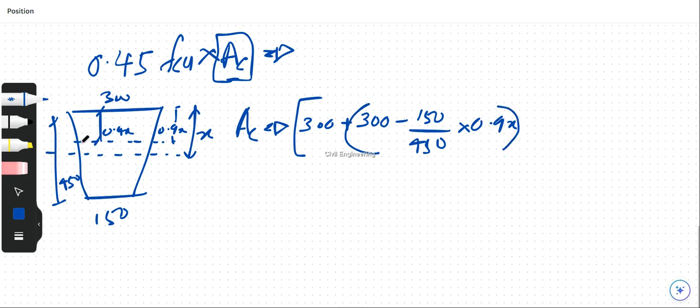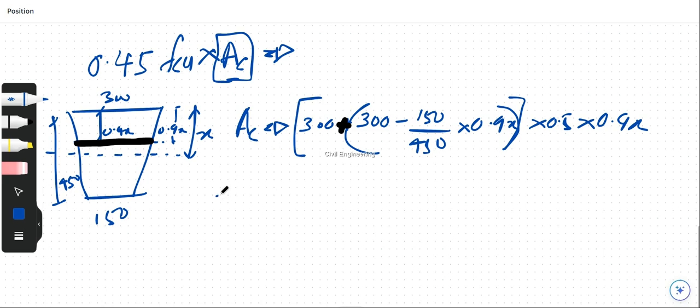This is the length. This length is equal to this value into 0.5 into height, that is 0.9x.